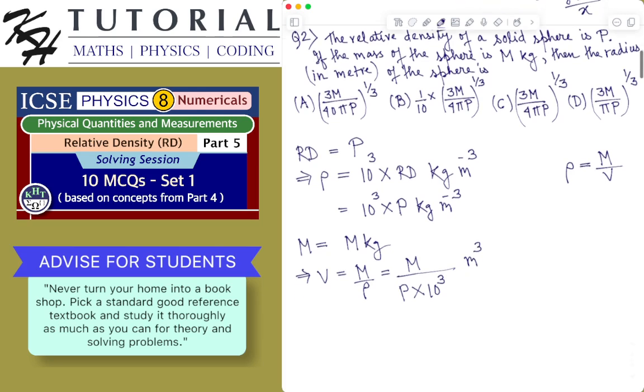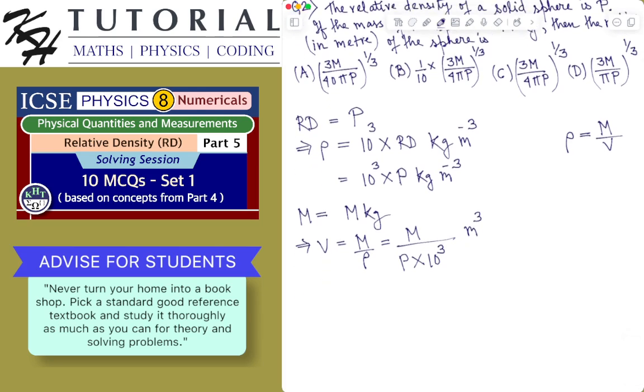Now we are asked to find the radius. So also we can say, if we consider the radius to be r meter, the volume of a solid sphere of radius r is 4 by 3 pi r cube, this much meter cube.